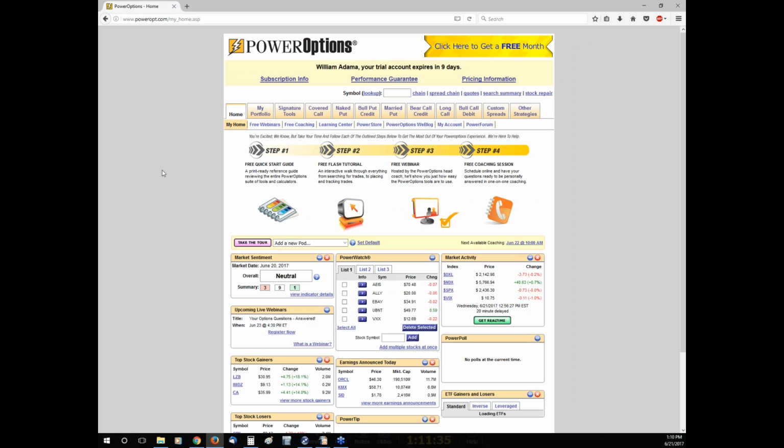Whether you're a spread trader, whether you're trading covered calls, whether you don't know what you're looking for, whether you're looking one stock at a time, whether you have a specific requirement for search criteria, all of that is available for you in one set of tools.